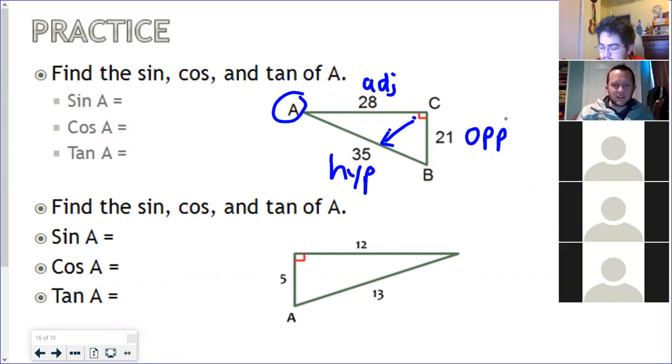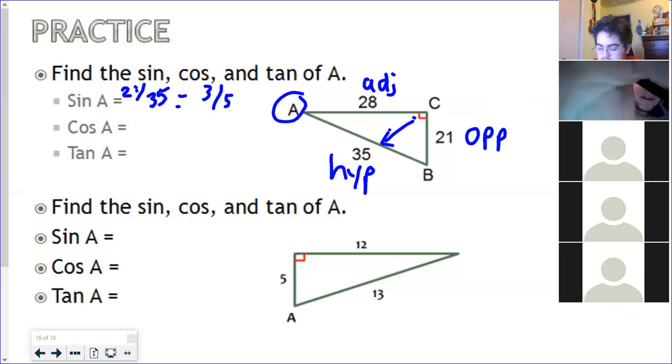So then I would say sine. We just listened to that song. Sine is which two sides? Sine, opposite hypotenuse, sine. So opposite hypotenuse, that's 21 over 35. Oh, look, this is reduced by 7. That becomes 3/5. Now we go to cosine. Cosine, adjacent hypotenuse, cosine.